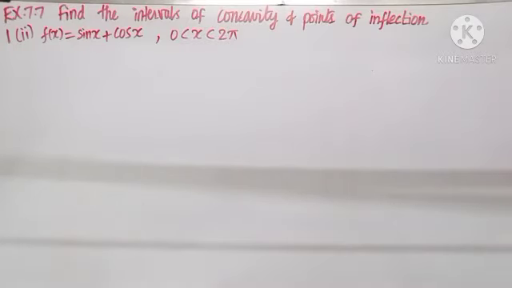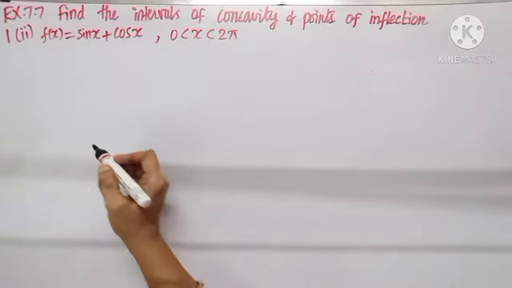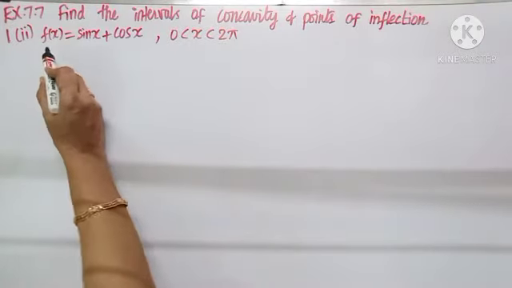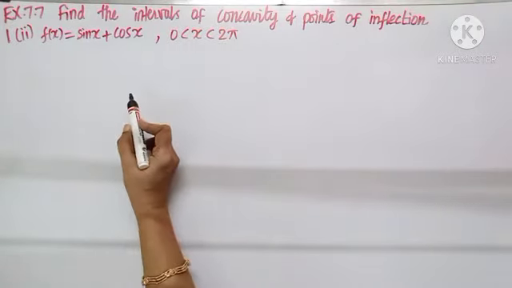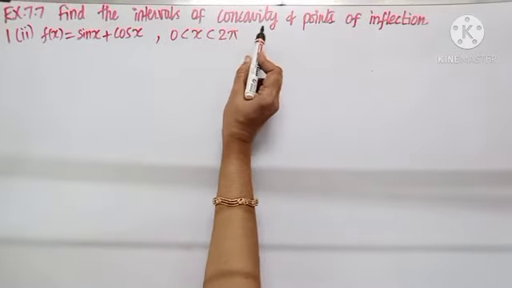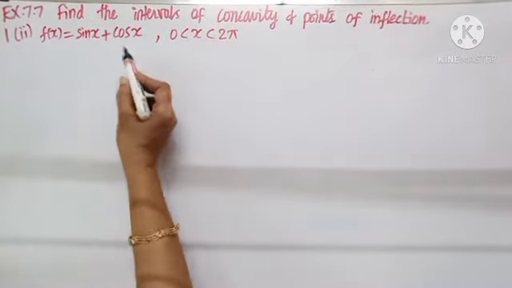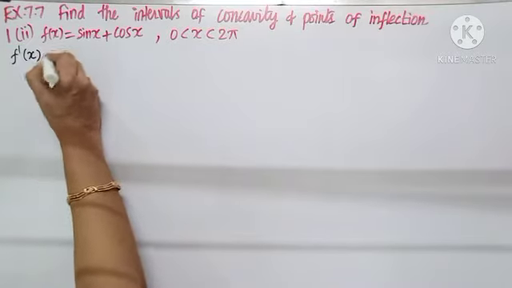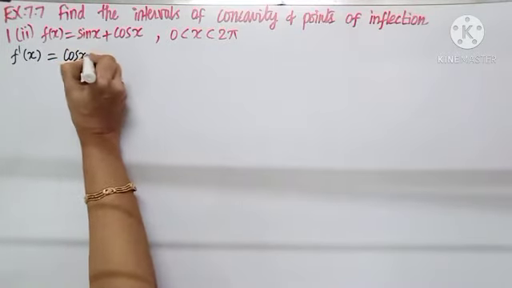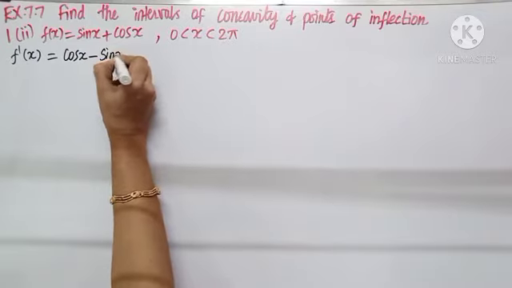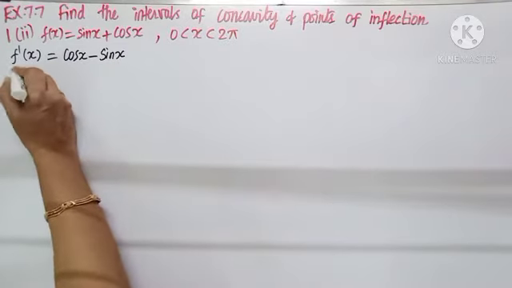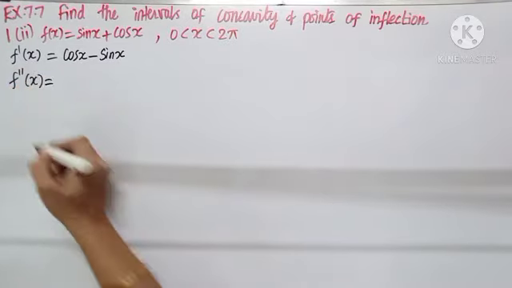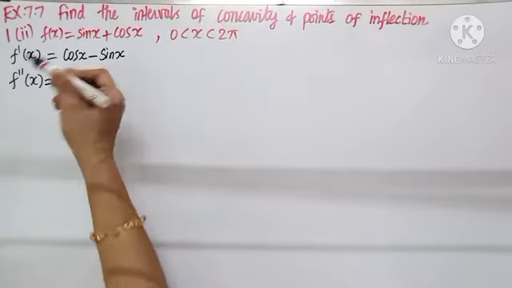Exercise 7.7, question number 1, subsection 2. F of x equals sin x plus cos x. To find intervals of concavity, we need to find the second derivative. F dash of x: sin x becomes cos x, cos x becomes minus sin x. The next derivative, f double dash of x: differentiate this again.